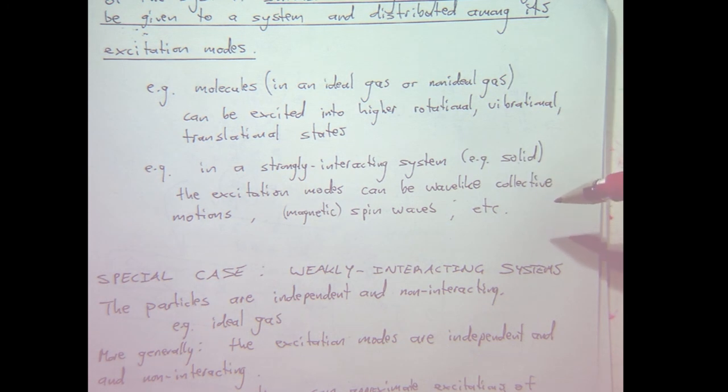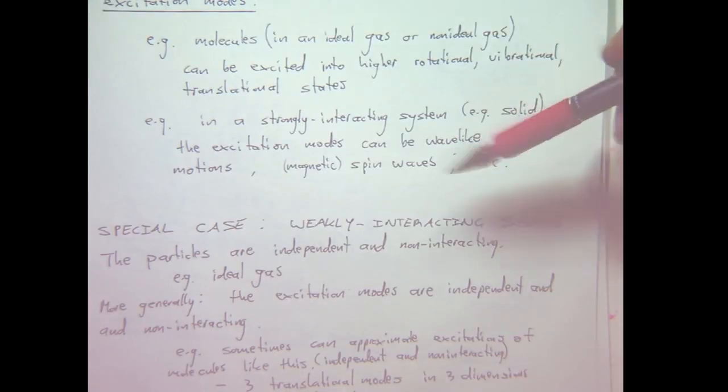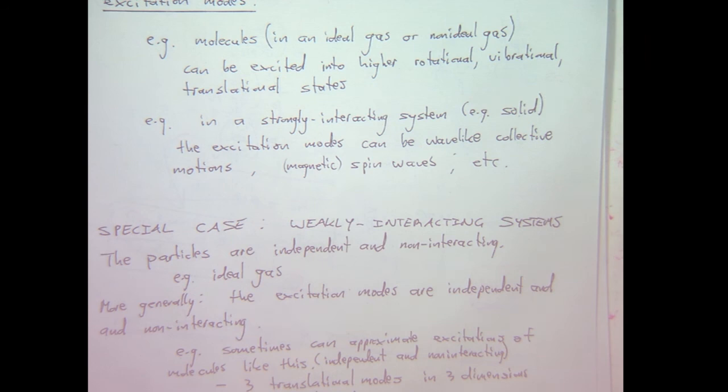Phonons, sound waves, could be transverse phonons or longitudinal phonons. Magnetic spin waves, basically waves of the spin, the magnetic moment of atoms, which precesses like this, and you can make a wave propagate through the substance. That's another way that energy can be put into the system.